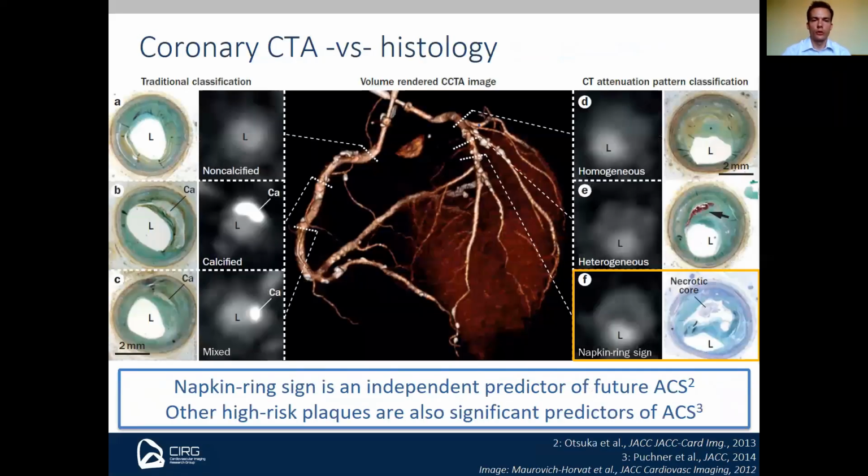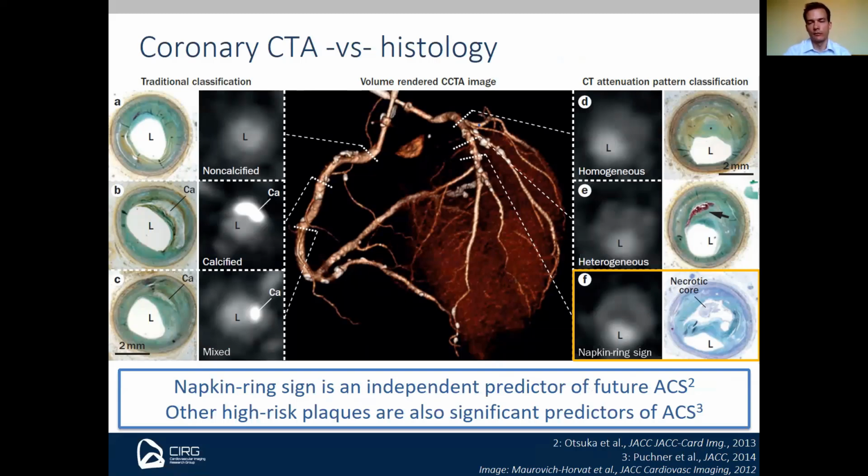We also usually grade our coronary plaques regarding the amount of calcification into non-calcified, calcified, and partially calcified plaques. Furthermore, other imaging biomarkers have been identified that are connected with future major adverse cardiac events, such as the napkin ring sign, which is an independent predictor of future events. But this is still only qualitative analysis of the coronary plaques.